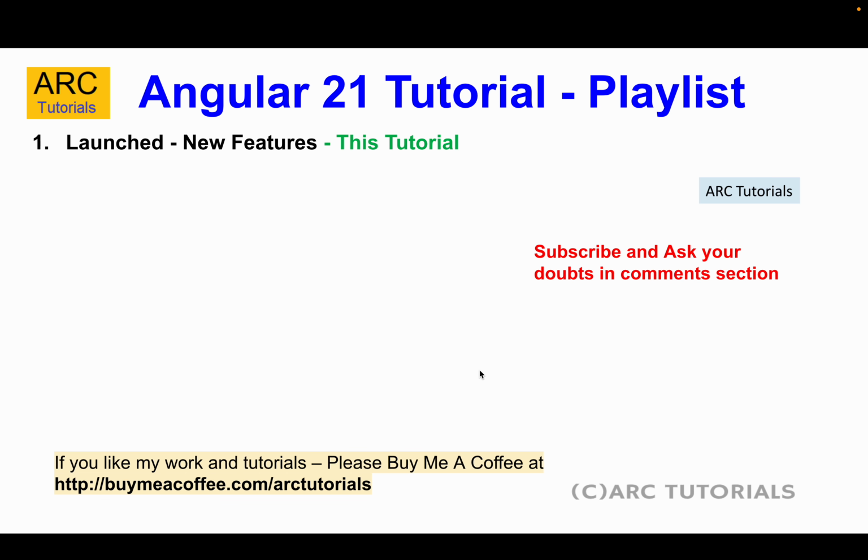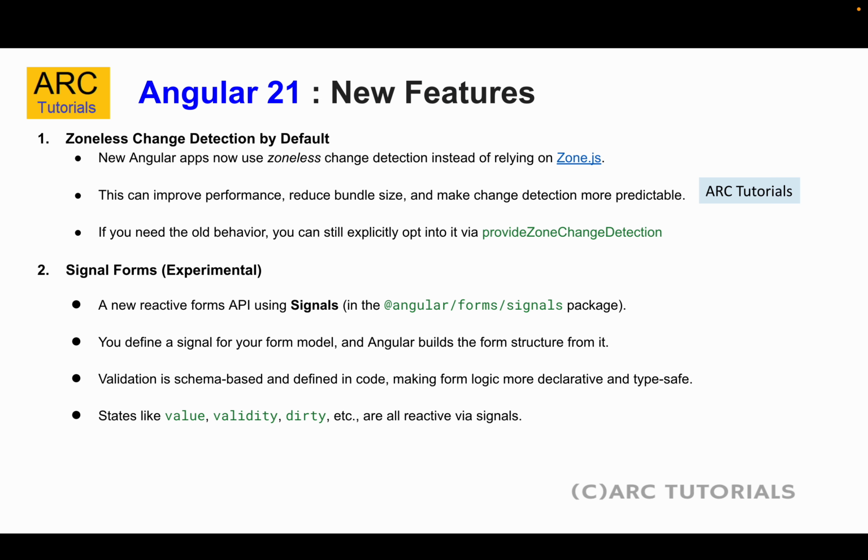All right, so this is the episode where we talk about the new features covered in Angular 21. The first and foremost important update is zoneless change detection by default. What it means is that any new Angular application we build now uses the zoneless change detection strategy instead of relying on zone.js.